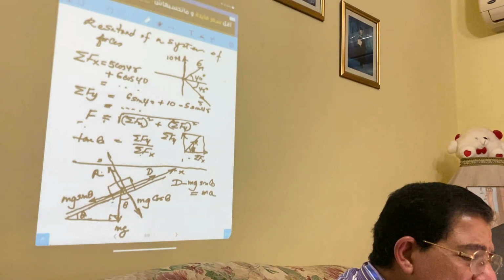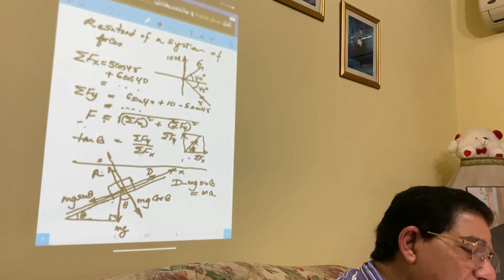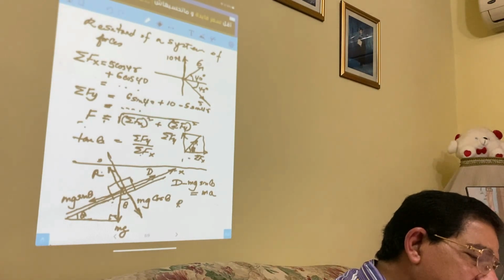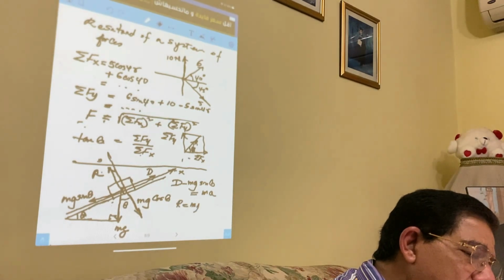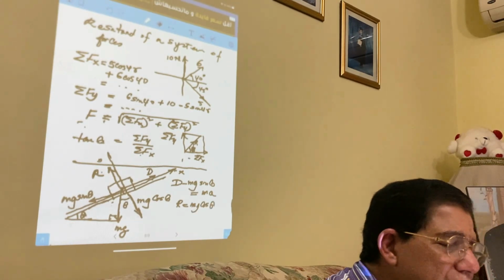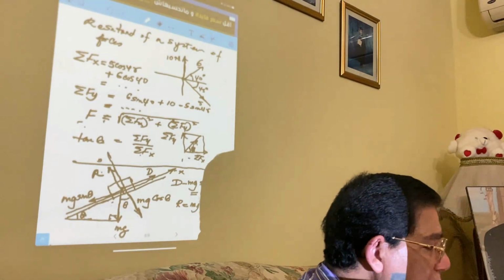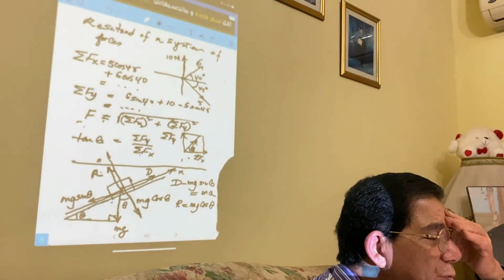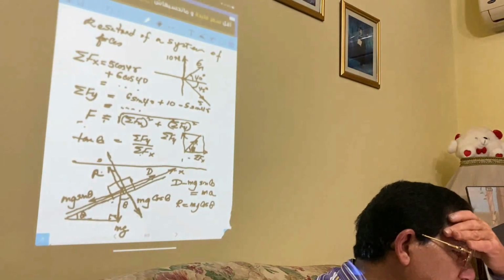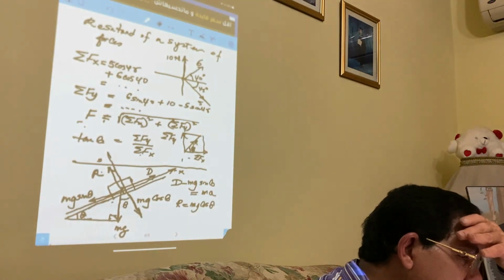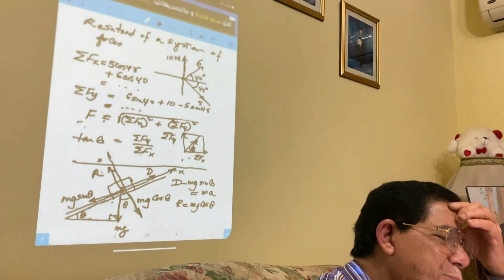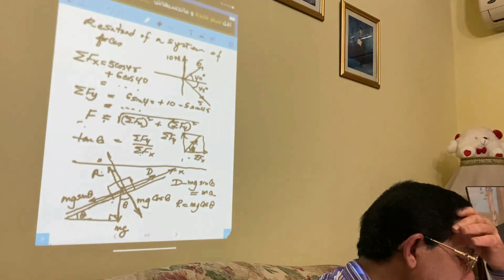And in the vertical direction, we have a balance of forces because there's no motion, so R equals mg cosine theta. Every time we have an inclined plane, remember that the plane is the x direction and the perpendicular to the plane is the y direction.